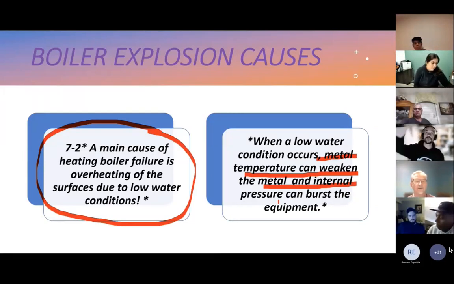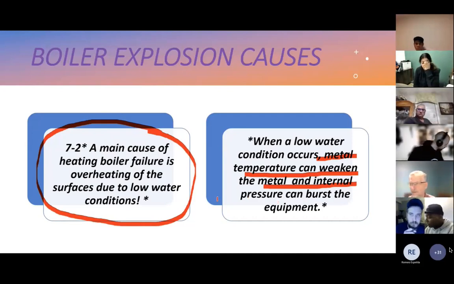It was a boiler in the instrumentation side of things, 175 PSI, and it completely destroyed the boiler building. And also, very lucky there were no fatalities.